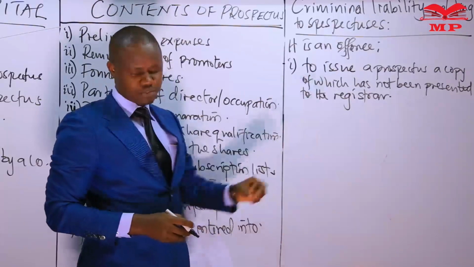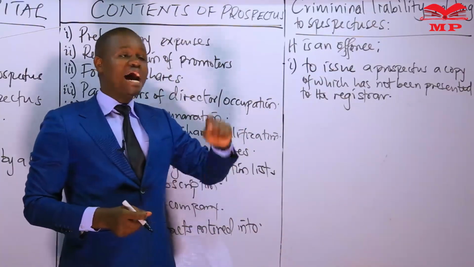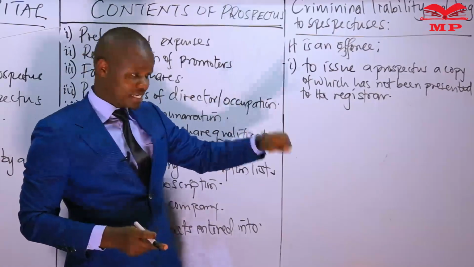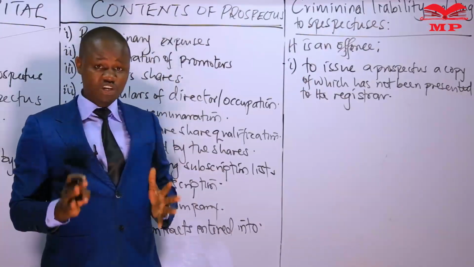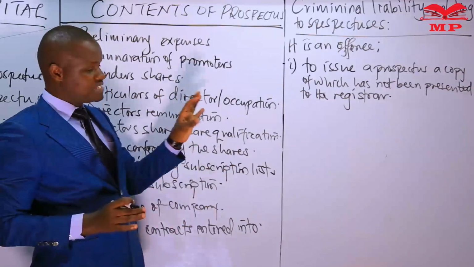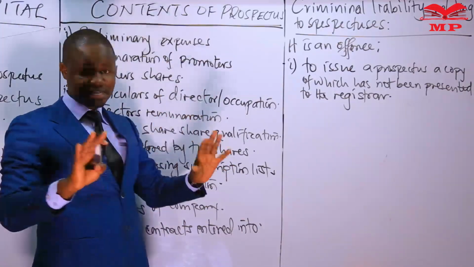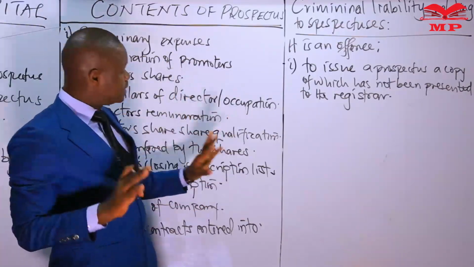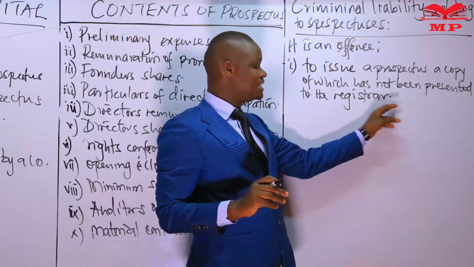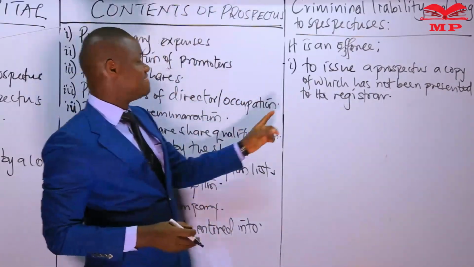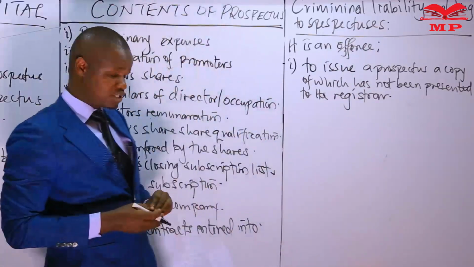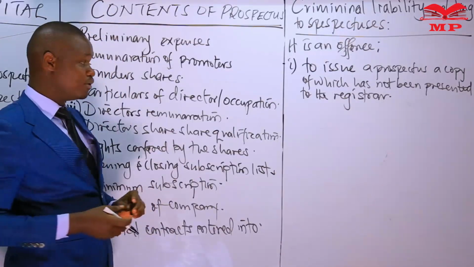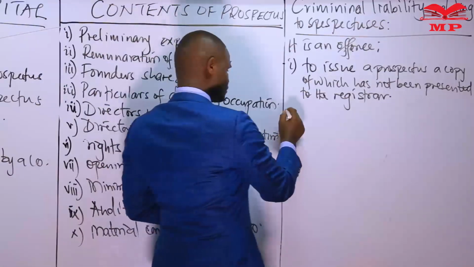This is just a legal expression to say you are not supposed to issue prospectuses when you have not given a copy of that prospectus to the registrar. So when the company's officers proceed to issue prospectuses to the public, when a copy of that prospectus has not been received by the registrar, then that is going to be an offense for which the company officers responsible are going to be liable to pay a fine.